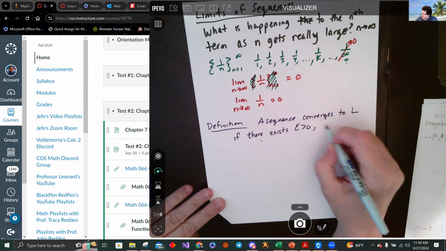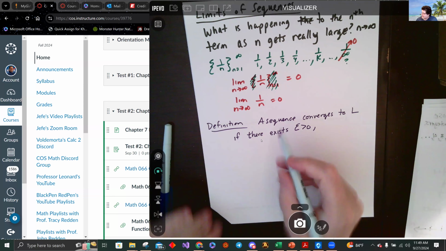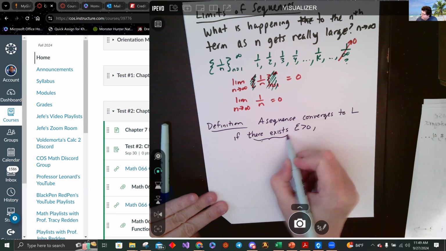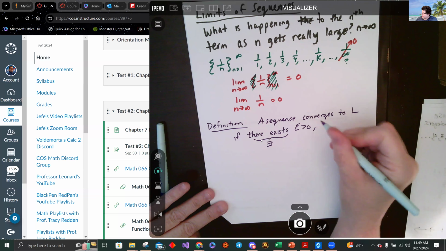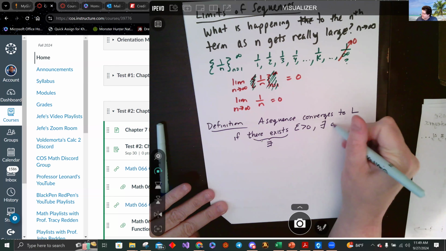And there also exists, the notation for there exists is a backwards capital E, there also exists an integer n.